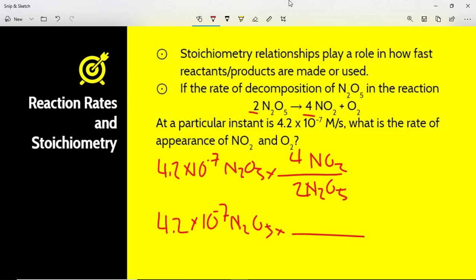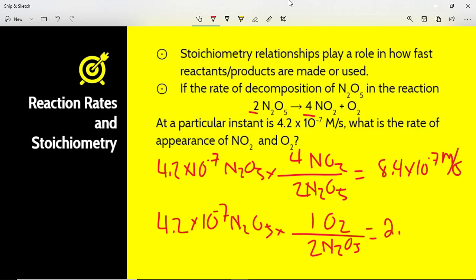We would just have N2O5, so we have 2 down here and 1 up at the top. So essentially, one doubles and one is in half. So this one becomes 8.4 times 10 to the negative 7th, and this one down here at the bottom becomes 2.1 times 10 to the negative 7th.